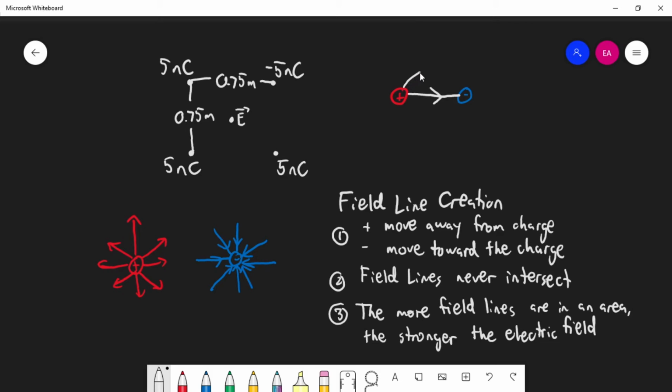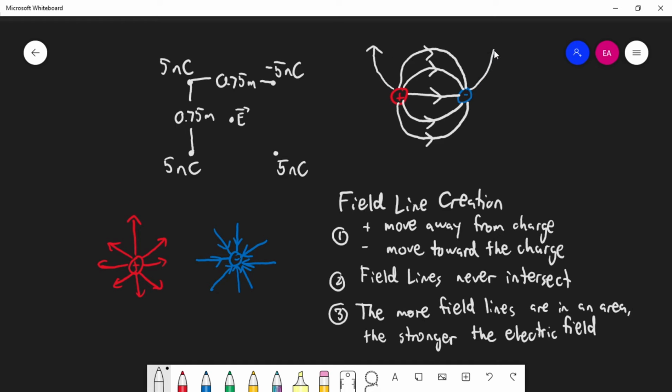And here, same thing. However, it will arc, kind of like that. Same thing here, it will arc down. And also like this. Over here, it would just arc like that.